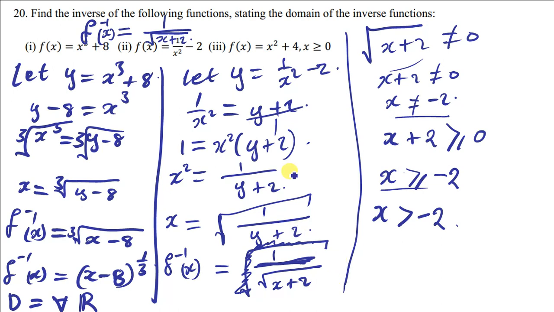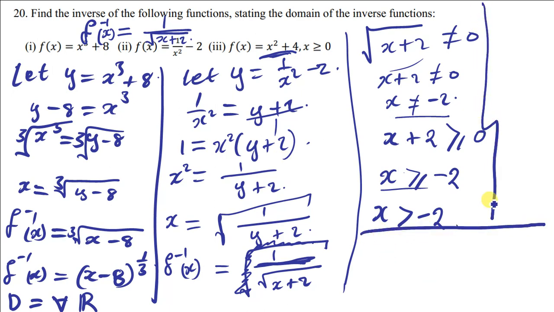Alright, so let's quickly move on to this one. For this question, to find the domain of this function, we first have to find the inverse. To find the inverse of this function, you take this 4 to the other side of the equal sign. Let me start from here: y is equal to x squared plus 4.